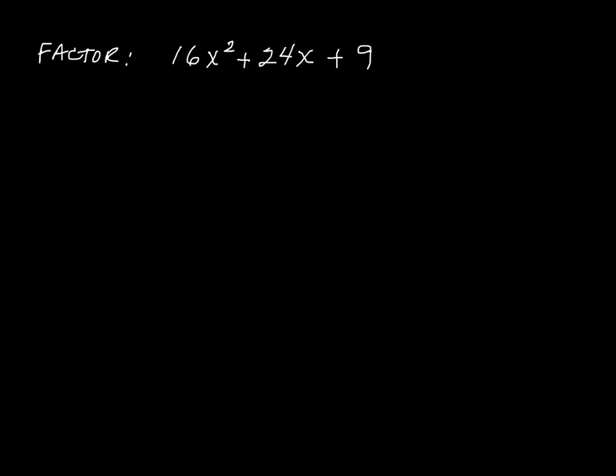Before you start factoring, just take a look at it. 16x squared plus 24x plus 9. Before you start grouping it, first look to see if there are any GCFs. Is there a GCF that can be factored out? No. Then ask yourself, okay, is the leading coefficient 1? No. So you might want to start grouping. But before you start grouping, look at it again closely.